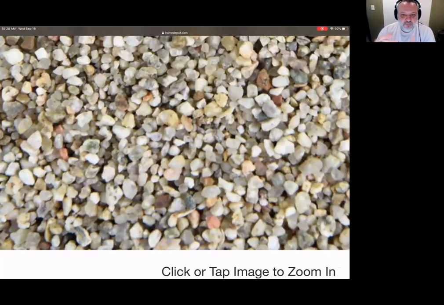Here's a close-up picture of the sand. Does this look like it's the same composition throughout, or does it look like it has a different composition? Yeah, this is definitely a different composition. This is a heterogeneous mixture.